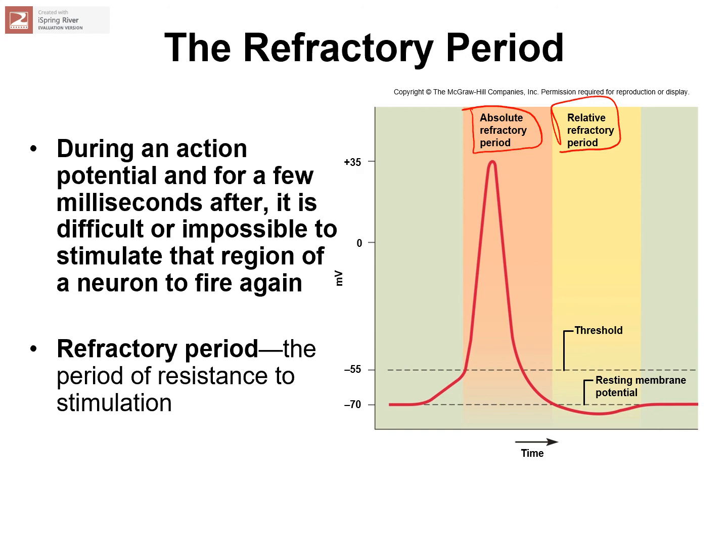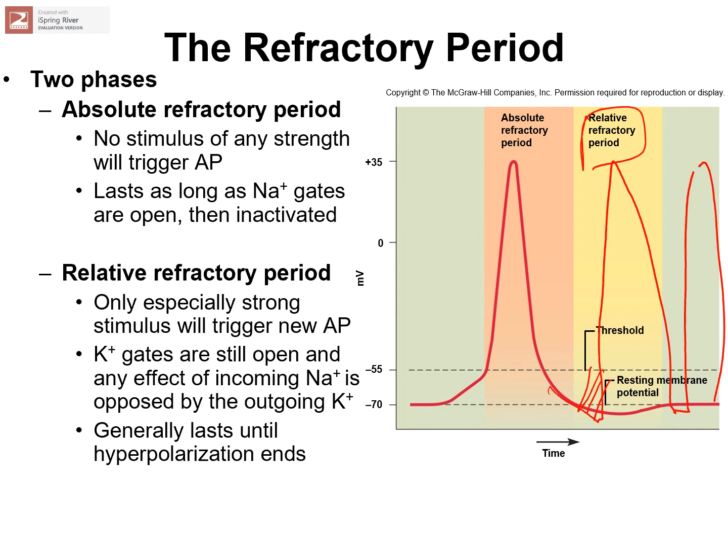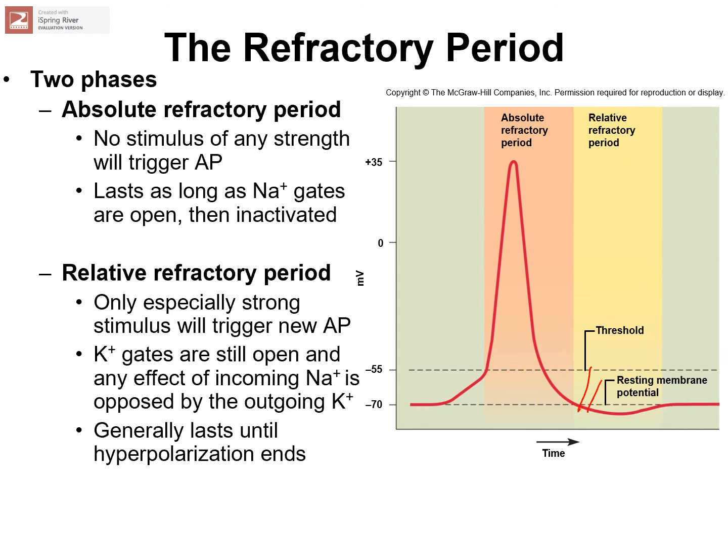The neuron cannot fire again during the absolute refractory period. However, in the relative refractory period, if the impulse is strong enough, it can quickly generate another action potential. So this will require a supra-threshold stimulus.